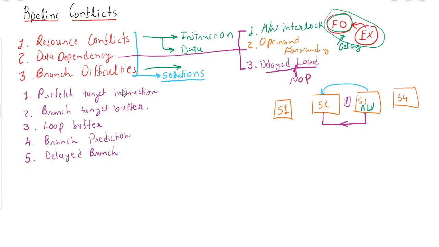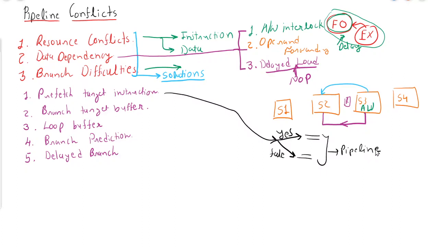Let us start with the first, prefetch target instruction. In prefetch target instruction, instructions will be fetched for condition true and condition false. From both locations, instructions will enter the pipeline. If the branch condition is successful, the pipeline will continue with this instruction, with no need to empty the entire pipeline.